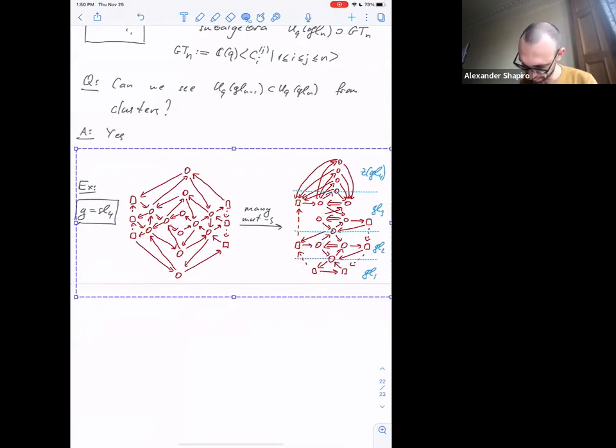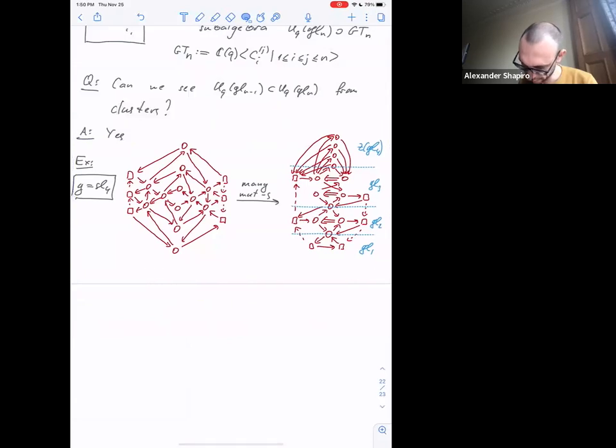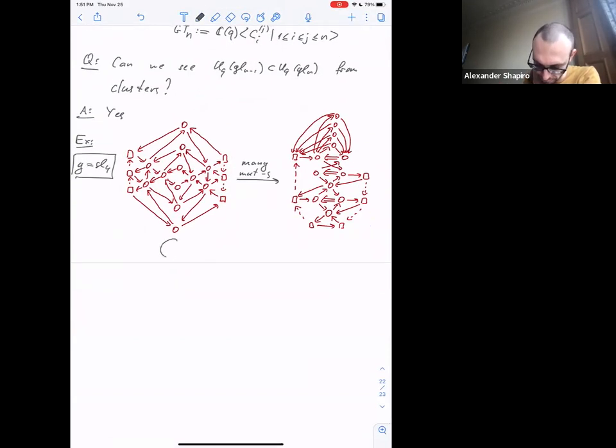So it's an example of SL4. This is our old friend, our quiver for cluster structure in UqSL4, just coming from the surface where we have a puncture in the middle, 2 marked points, and we just glued 2 triangles together.